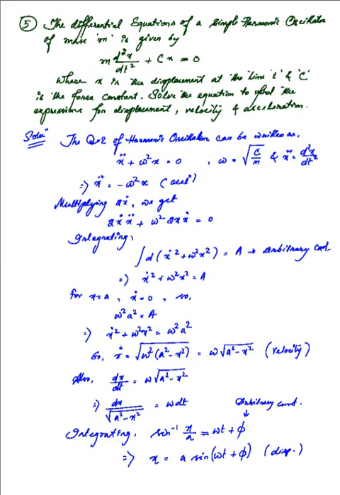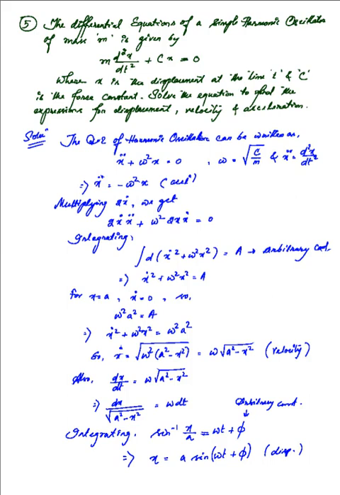And then in the next question, we have the differential equation of a simple harmonic oscillator of mass m to be given as this, that is m times d squared x over dt squared, the second order derivative of x with respect to t, plus cx, c being the force constant.